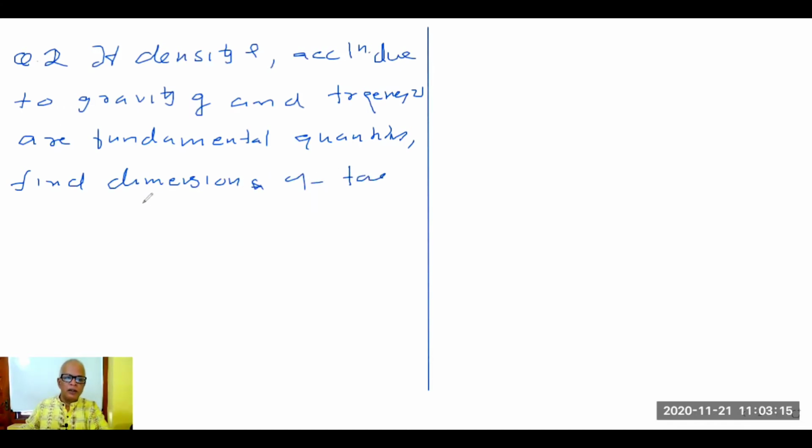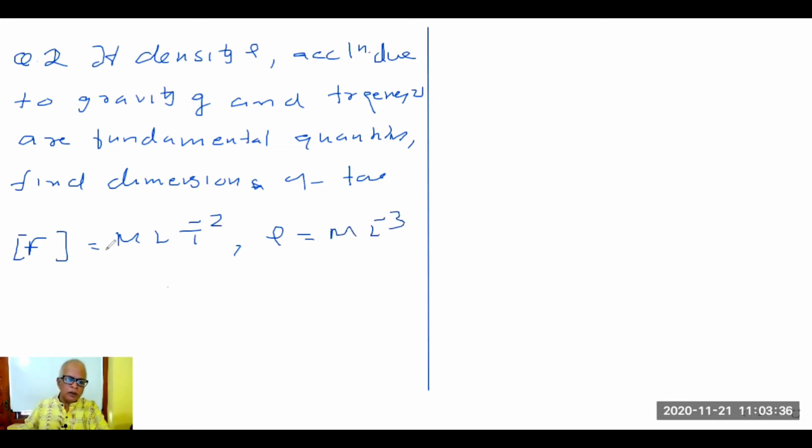So force, all of you know, is M L T minus 2. We are given density, and density is equal to M L raised to minus 3.